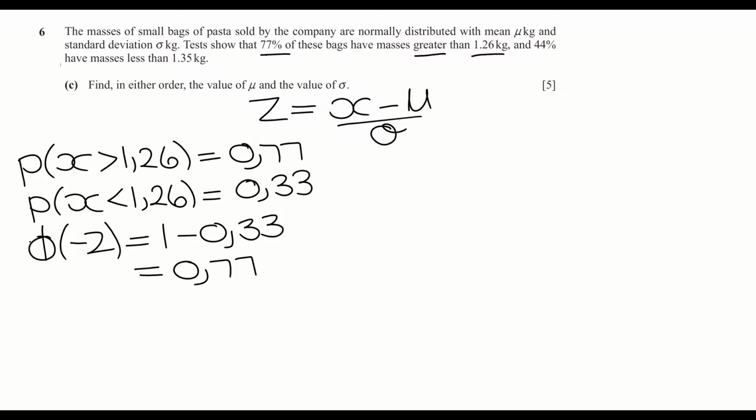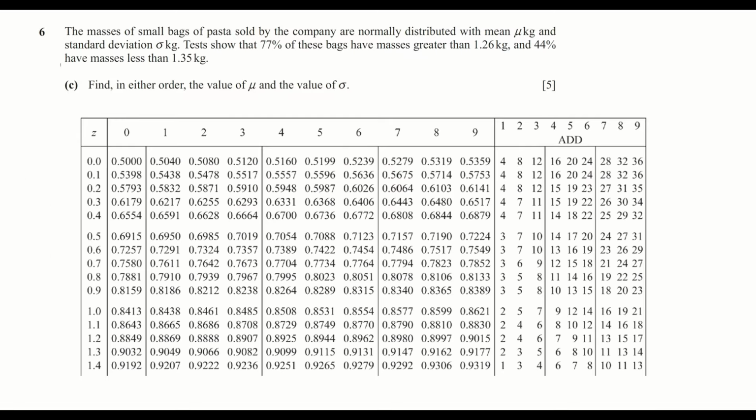Now I can find 0,77 in my normal distribution table. The closest we have are these two over here. And remember, we always use the smaller value, 0,7673. This shows us that we have 0,73. So z will be negative 0,73.